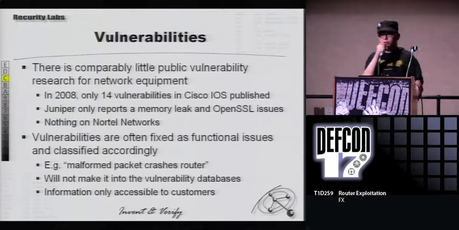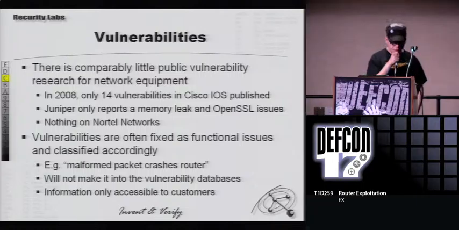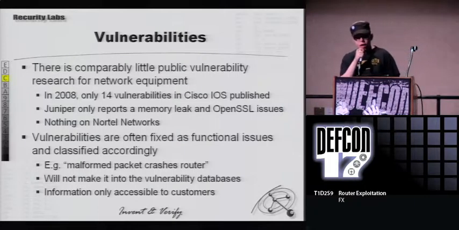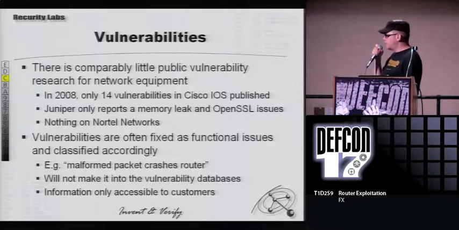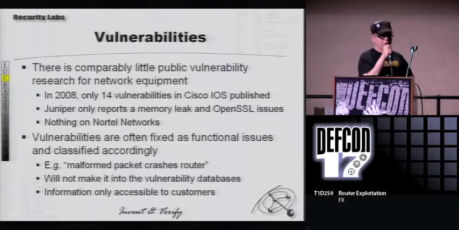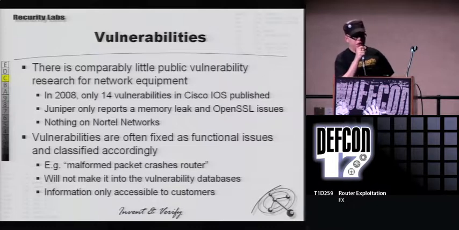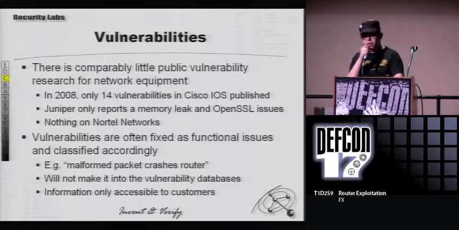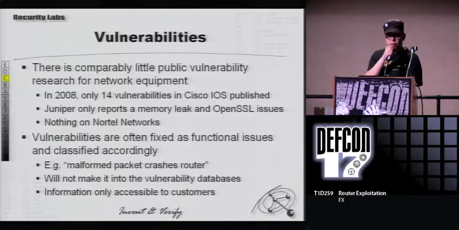And they go, oops, functionality issue, gonna fix that. So it actually never makes it into a security advisory. And doesn't make it into any databases, so it's not accessible to any of their customers, even if they care. So they don't actually know, which is bad because those customers run our internet. You know, the place where the porn comes from?